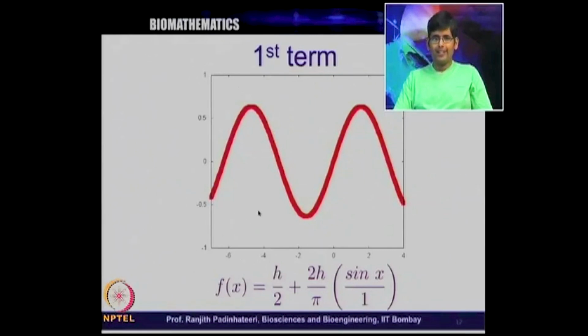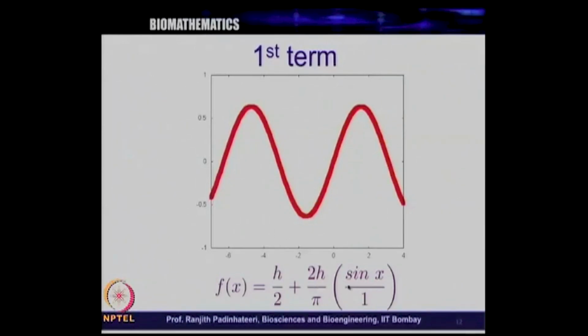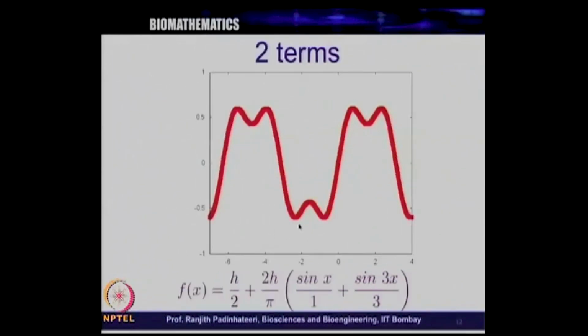Now, let us look at another term, the second term, and add one more term to this. So, if we add one more term, what happens? h by 2 plus 2h by pi times sin x by 1 plus sin 3x by 3. This is the new term that we added.